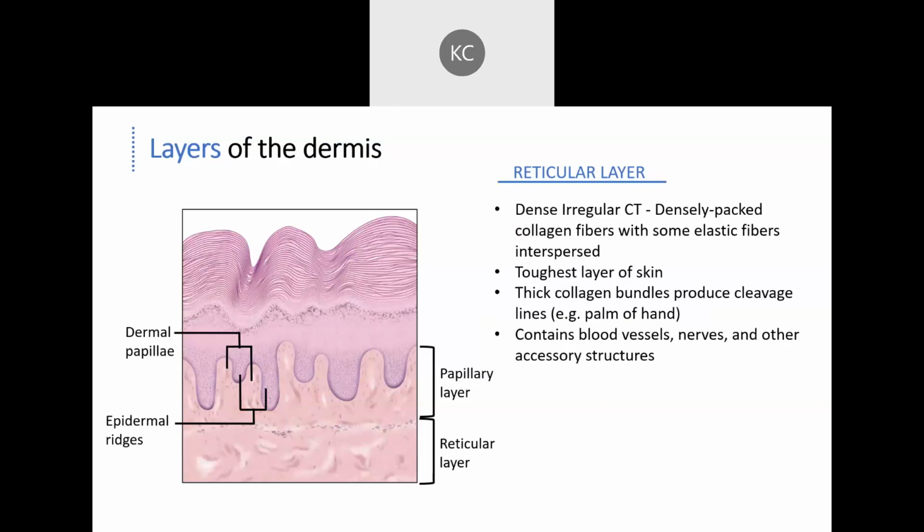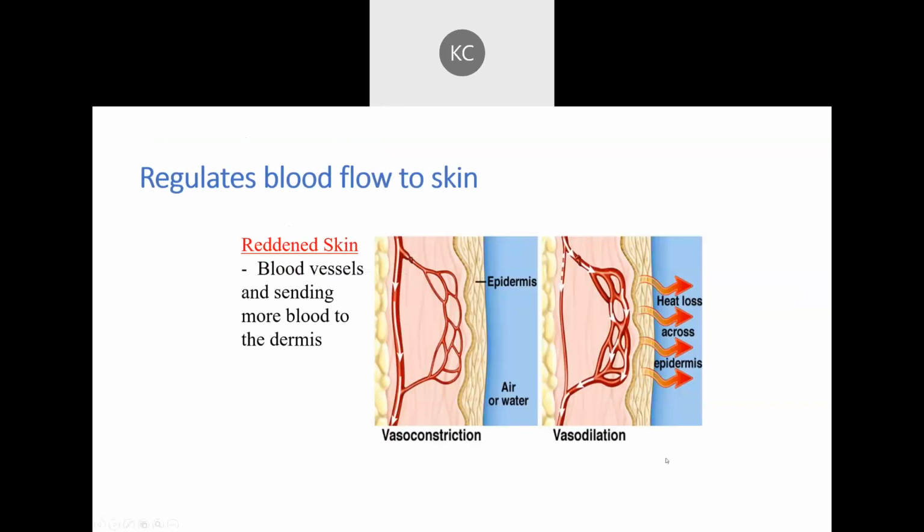And then down here, we also find blood vessels, nerves, accessory structures, lymphatic vessels, sensory receptors, things like that. When you look at the blood vessels in the dermis, we said that this can help with the dissipation of heat. So during times that our body temperature is increasing or we need to get rid of some additional heat, we can vasodilate, we can dilate our blood vessels.